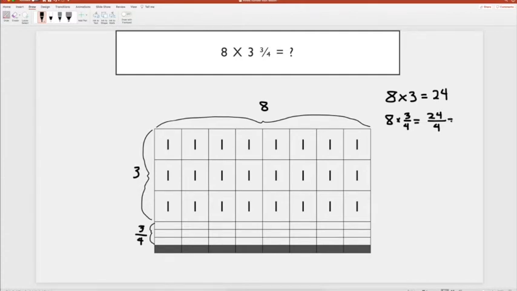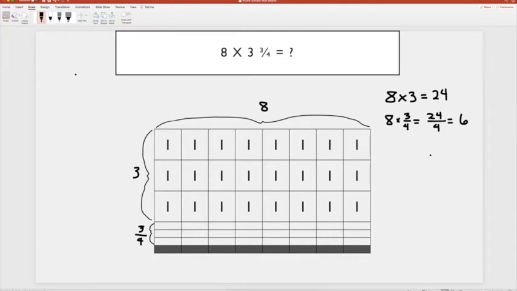Now, can we simplify this fraction? 24/4. How many fourths can I pull out of 24? Count my 4s, 4, 8, 12, 16, 20, 24. 6 wholes.